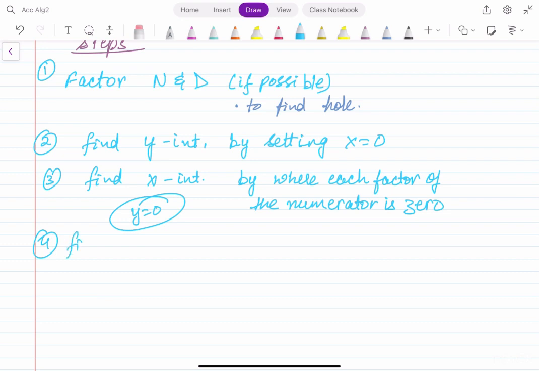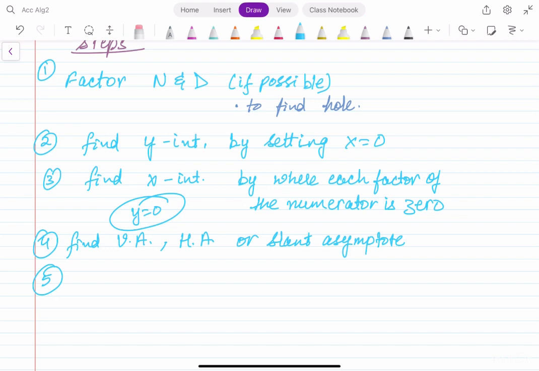Then we need to find the vertical asymptote and the horizontal asymptote, or slant asymptote wherever it is applicable. We will discuss in more detail how to understand the vertical, horizontal, and slant asymptotes in a couple of minutes.